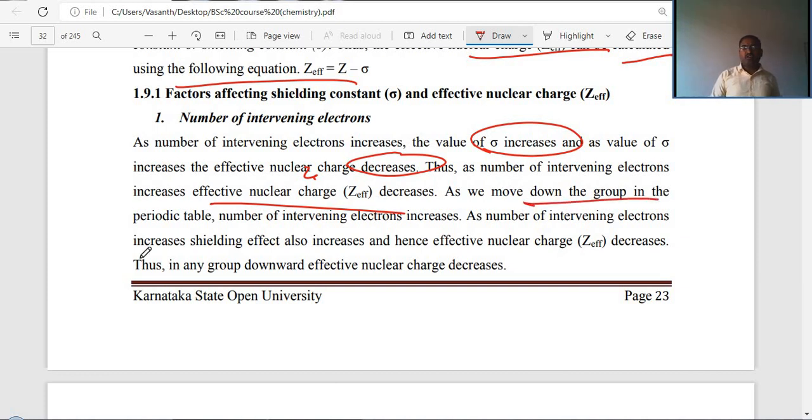As we move down the group in the periodic table, the number of intervening electrons increases. As the number of intervening electrons increases, the shielding effect increases and hence the effective nuclear charge decreases. Thus, in any group, going downward, effective nuclear charge decreases.